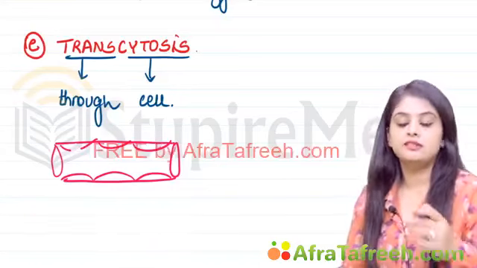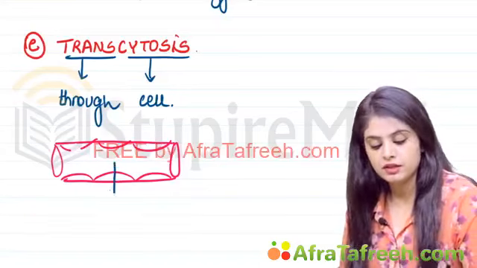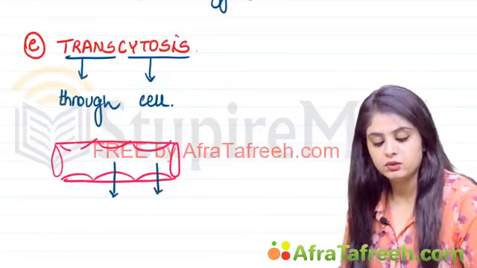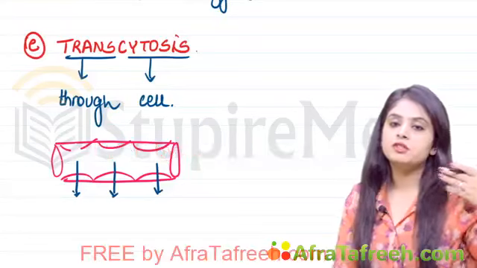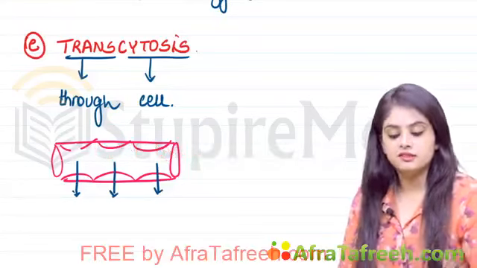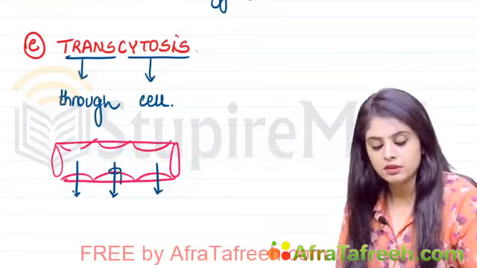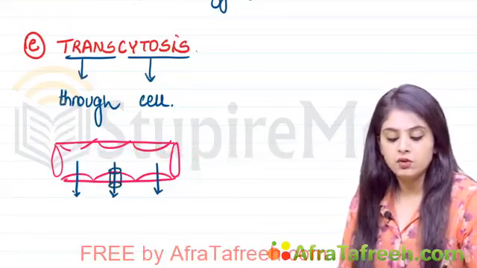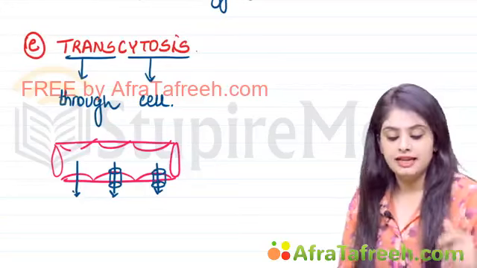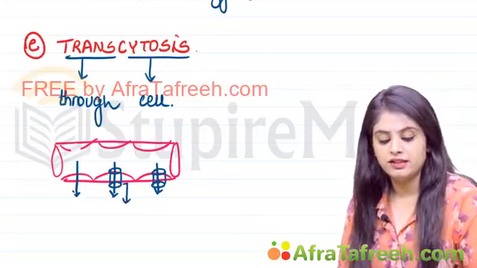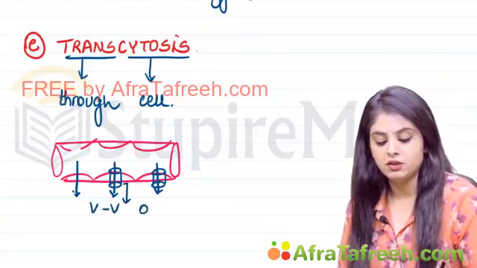Now, through the cell means somewhere along here the movement is going to occur, through the cell. Now, cell is a barrier. How can something just pass through the cell like this? Means something over here has formed. Some channel over here has formed which is allowing the cells to move out. And this, students, is known as the VV organelle.